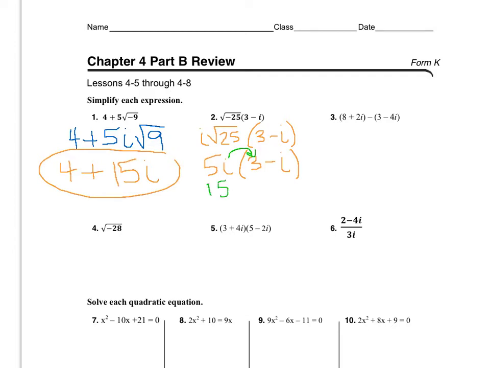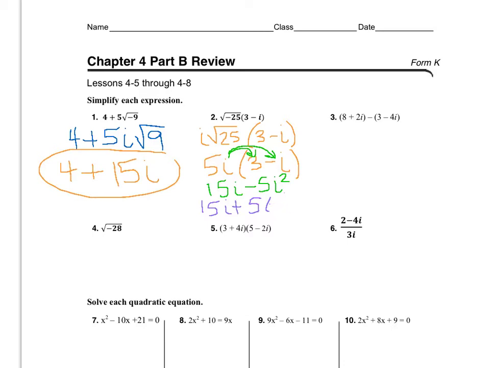I get 15i minus 5i squared. But since I know that i squared is equal to -1, then I actually have 15i minus 5 times -1, which is really just plus 5.